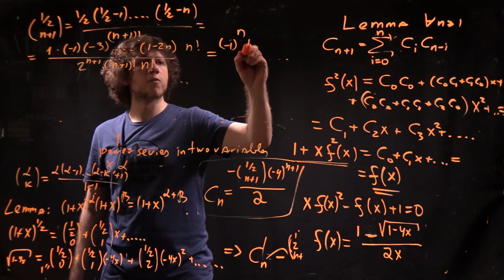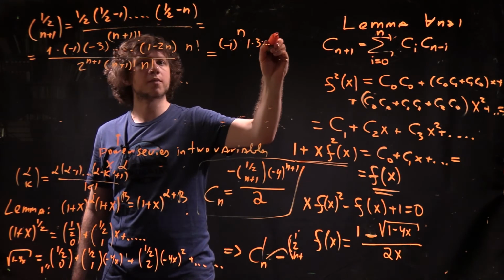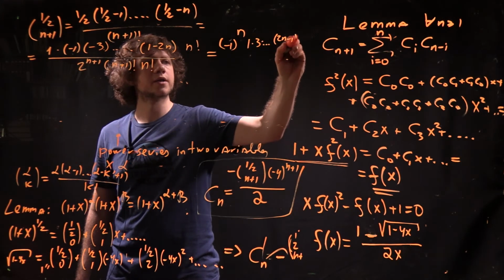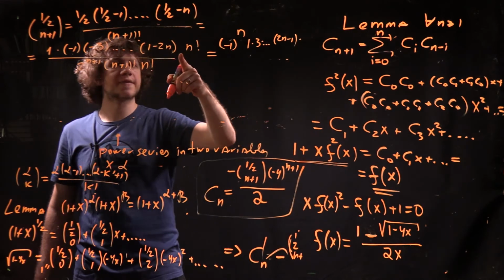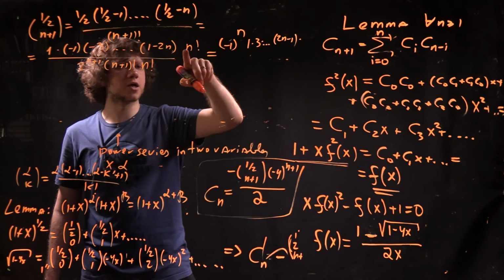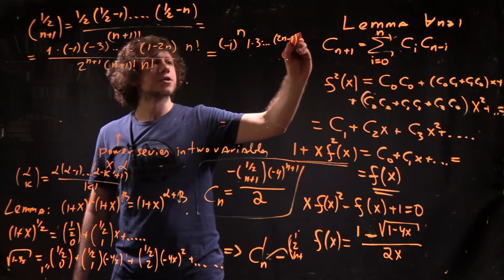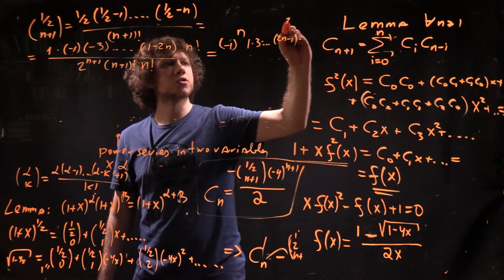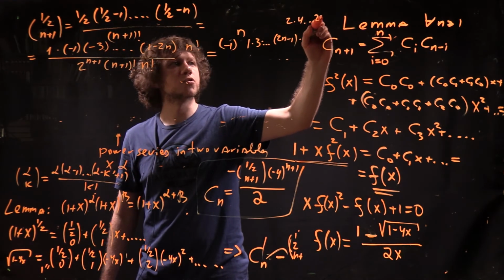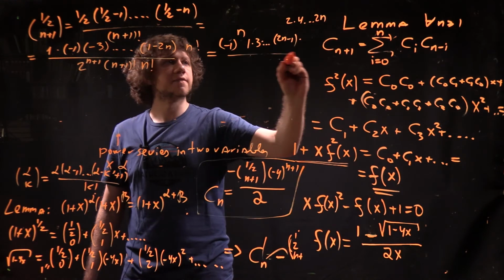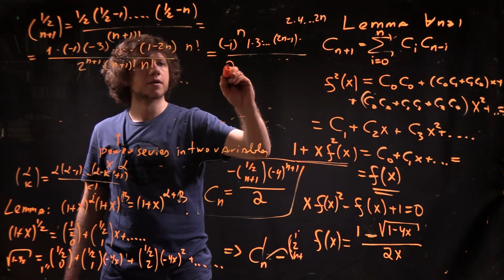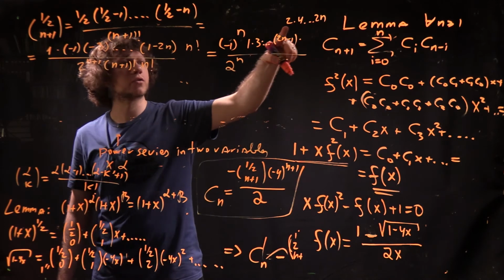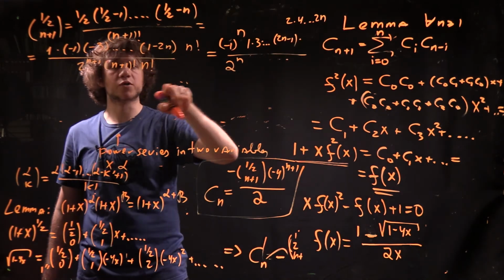Then I will have 1 times 3 times and so on up to 2n minus 1, and I want to add here all the products of even numbers. So I multiply by 2, 4, and so on up to 2n, but I divide by 2^n. So instead of n factorial, I wrote the product of all even numbers divided by 2^n.